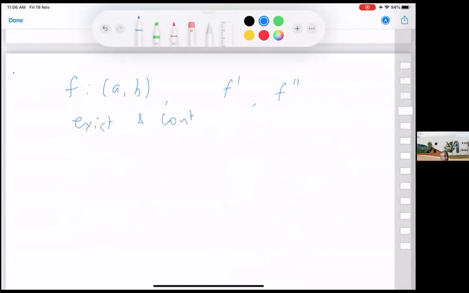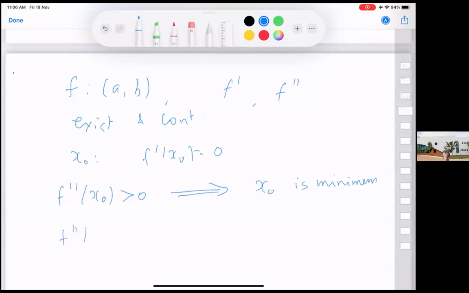f double dash also exists, and continuity may not be required, but it is best to assume it exists and is continuous. So if the second derivative is positive at x0, then it is a minimum.